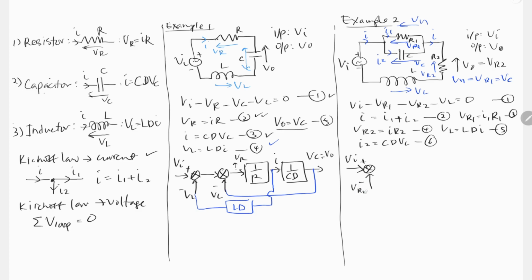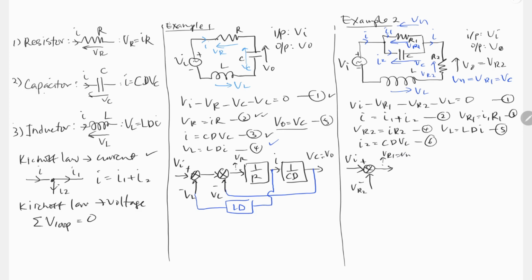I can put VR1, not a problem, because this is algebra. So this is VR1, or Vn. So Vi minus VR2, minus VL.